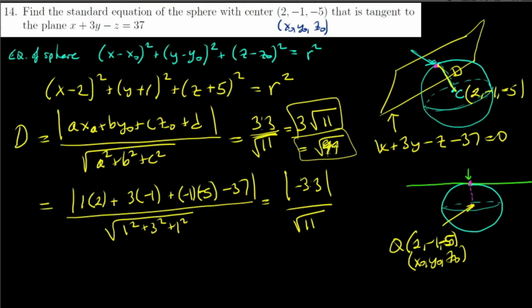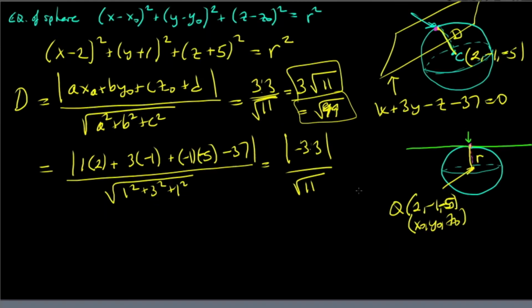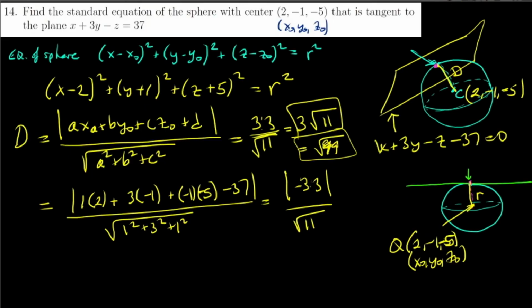So, yep, that's the radius, right? That's the distance between the plane and that point. So for the equation, we know that r is the square root of 99, which means r squared is just 99.